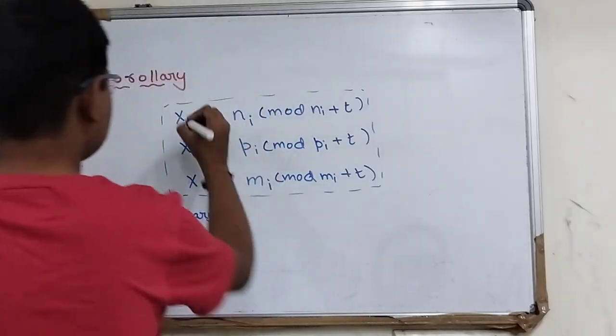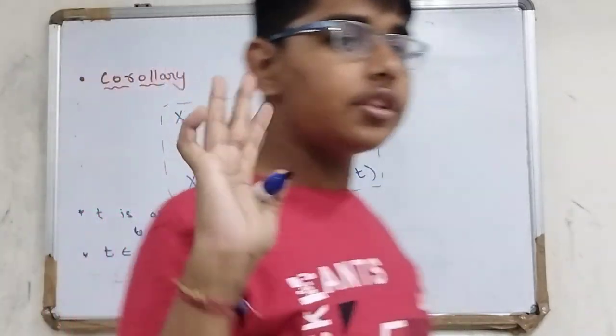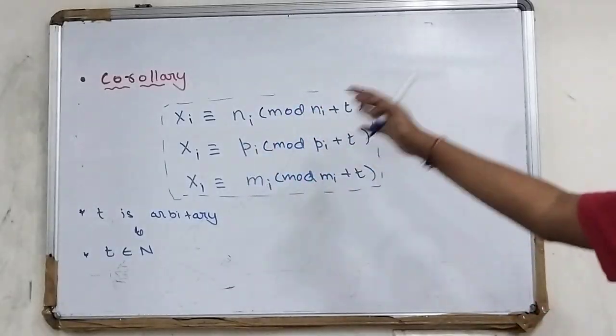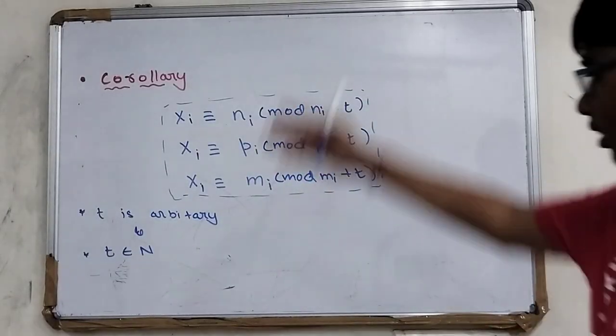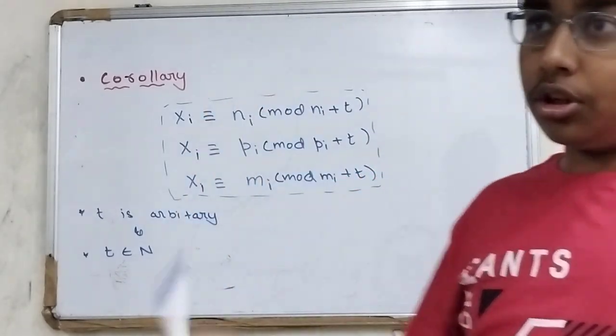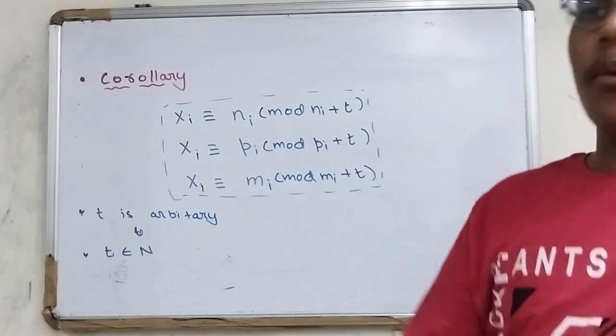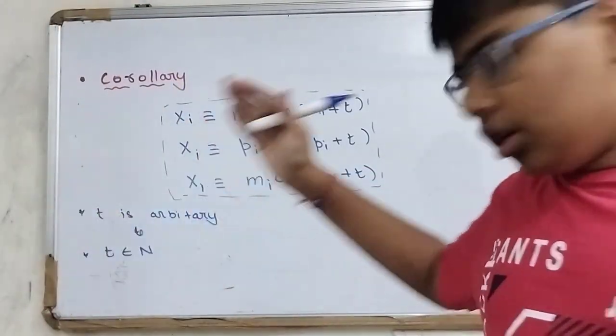Let us call this xi, the initial value, the smallest value of x satisfying this equation, because there are infinitely many values of x here. Remember that the Chinese Remainder Theorem only solves for the smallest value of x, not the infinitely many values.